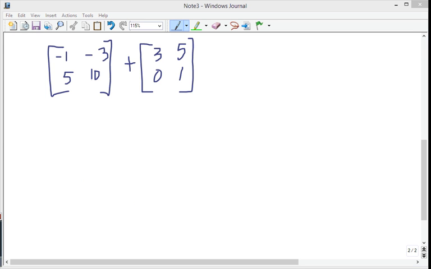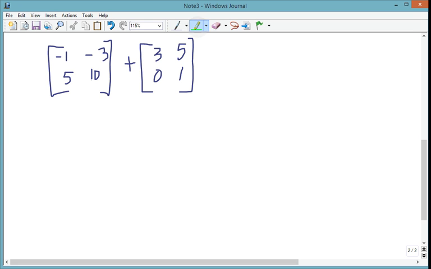The same thing is true when we add or subtract them. Okay, they have to be the same size because we're going to be matching the exact placement, right? So we add the item in the first row, first column to the item in the first row, first column, and when I get the answer, I put it in the first row, first column.